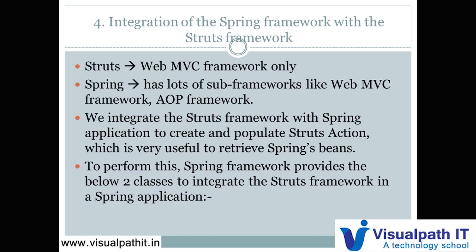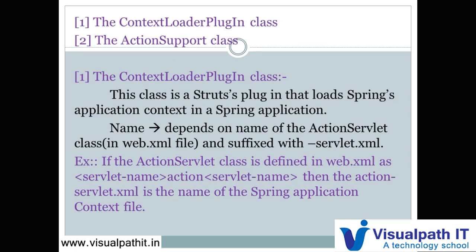For that we need to know the two most important classes, that is the ContextLoaderPlugin class and the ActionSupport class. The ContextLoaderPlugin class is basically the Struts plugin which loads Spring's application context in a Spring application. The name of Spring's application context depends upon the name of the action servlet class present in the web.xml file, and it is always suffixed with -servlet.xml.